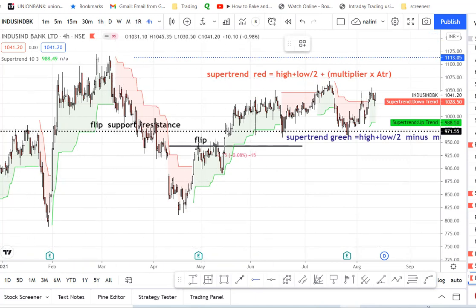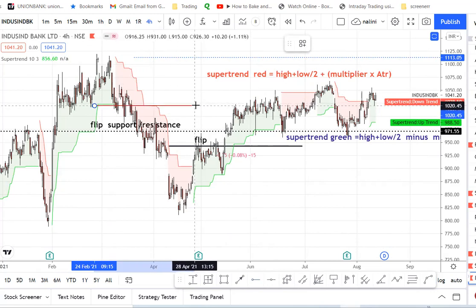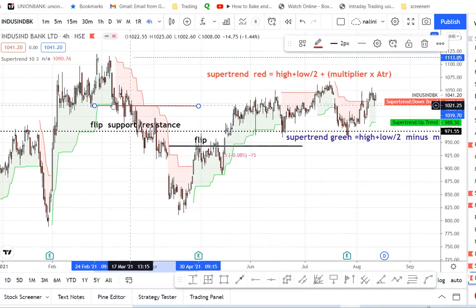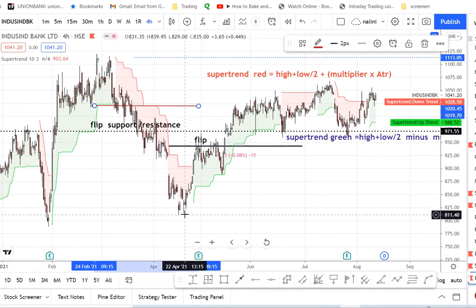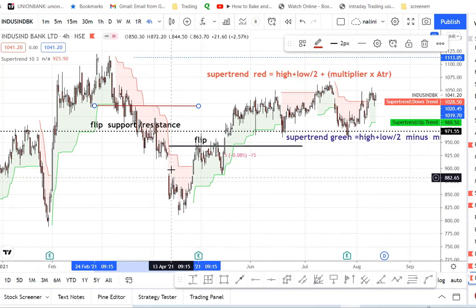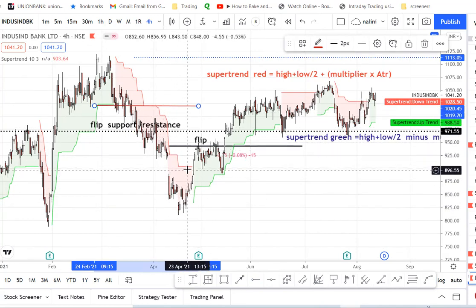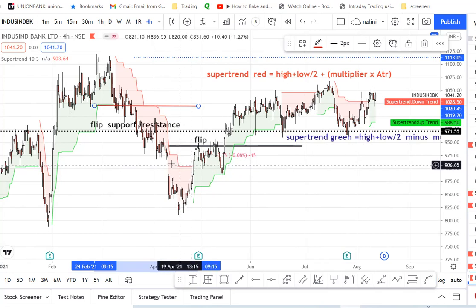This will be the flip zone. When price comes down, it will act as a resistance, and price has started going down. Here also, when price was coming down, the red super trend flattened out, indicating that the price fall is going to stop.